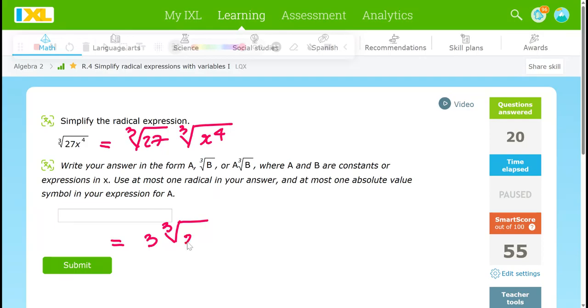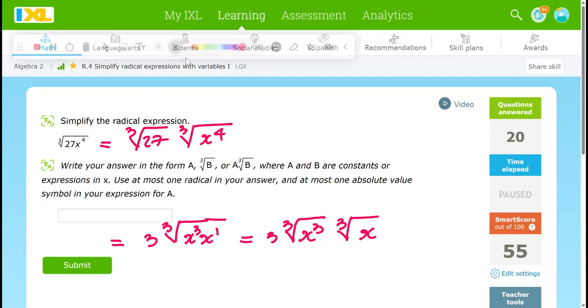I have to break it down into x cubed and then x to the 1, because 3 plus 1 is 4. We can be very slow here. So cube root of x cubed, and then cube root of x. I break them apart.